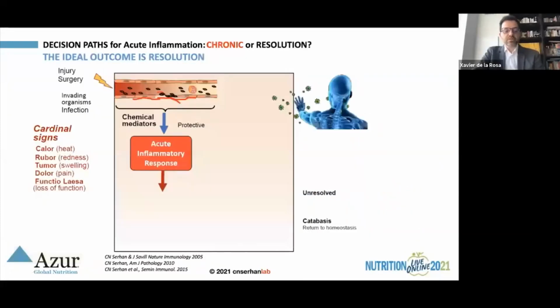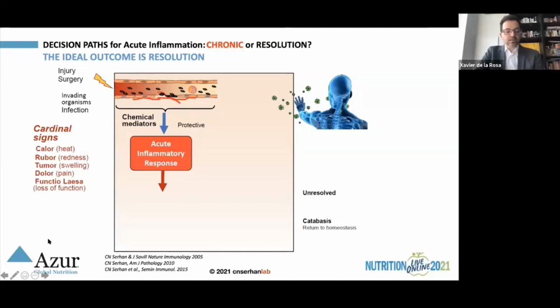This slide shows the decision path for an acute inflammation, which can be chronic or resolution. And obviously, the ideal outcome is resolution. So after an injury or an infection, there is a synthesis of different chemical mediators that activate the acute inflammatory response, which may or may not follow with the cardinal signs of inflammation, such as calor, rubor, tumor, dolor, and loss of function.